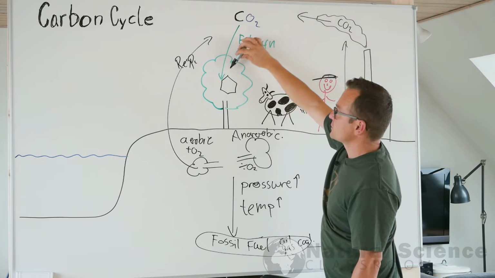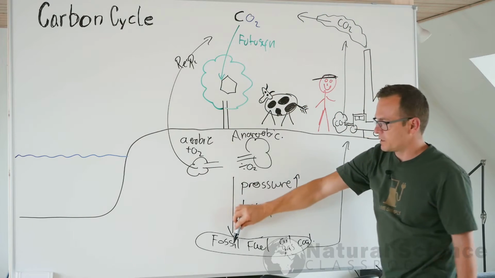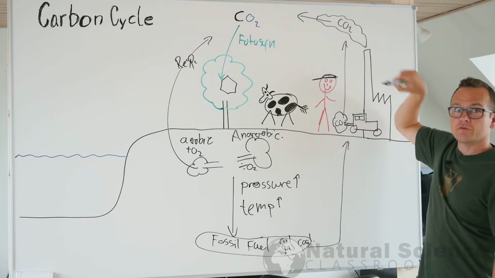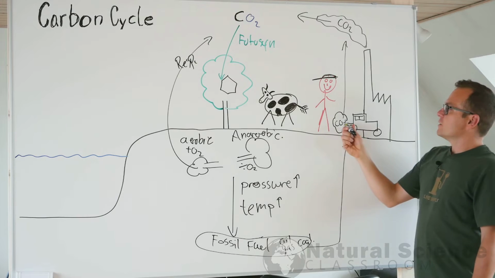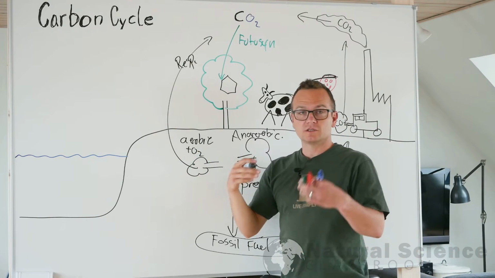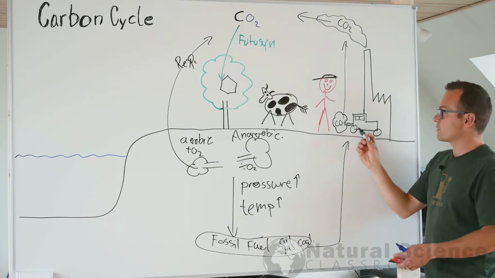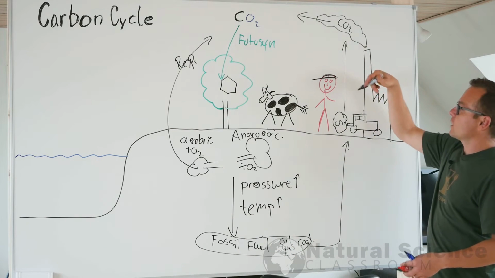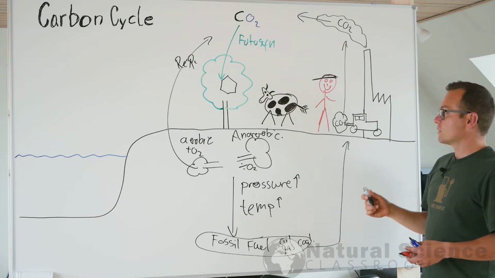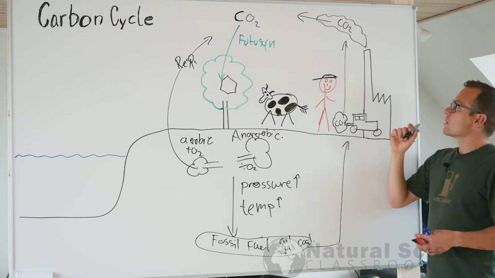We got the absorption in the photosynthesis and the making of the fossil fuels and back into the atmosphere again through combustion. Okay? The combustion is very equal to the respiration process, which uses oxygen together with organic matter, and then we harvest the energy that was stored inside the organic molecules with carbon in it.